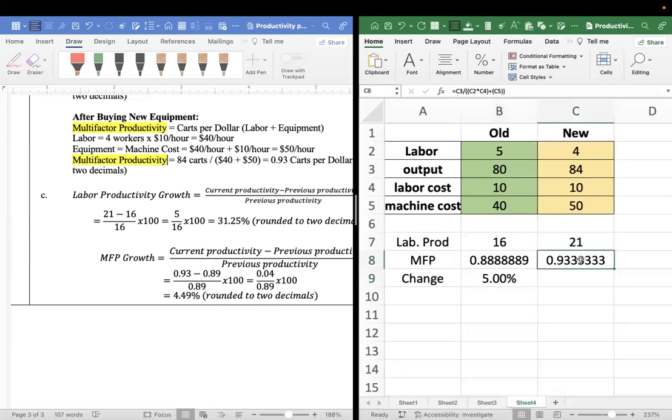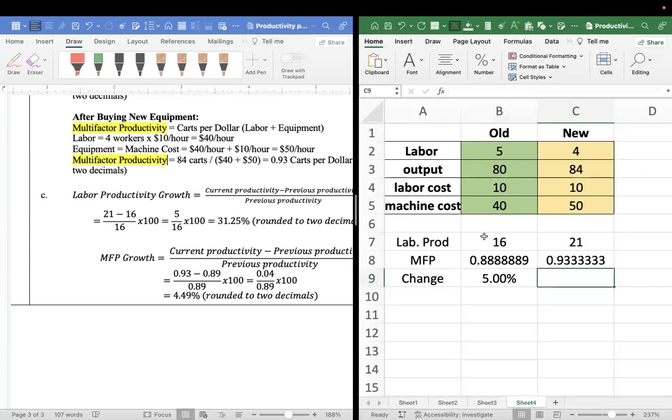Here we are using 0.9333, but over here we are only using 0.93. And the same thing goes here. We are dividing this whole by 0.89, and over here we are dividing by 0.88. So because of this rounding error, the answer might be slightly different. If you do it manually, you will get 4.49. If you do it on Microsoft Excel, you might get an answer that's a little bit different.